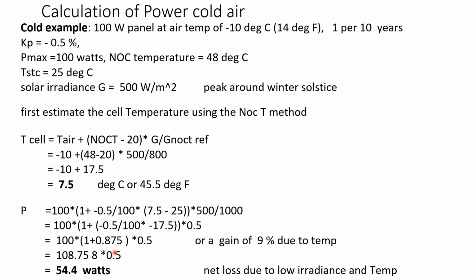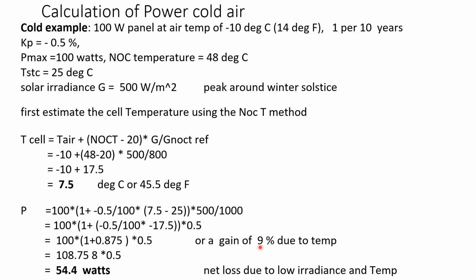I'm not going to walk through the math on this. I'm hoping you guys are taking screenshots everywhere, and I am assuming that you can walk through these equations. I'm correcting for the percent gain or loss due to temperature, multiplying by the label of the power output, and then taking the ratio of the expected irradiance at the winter solstice divided by the reference irradiance on the STC label.